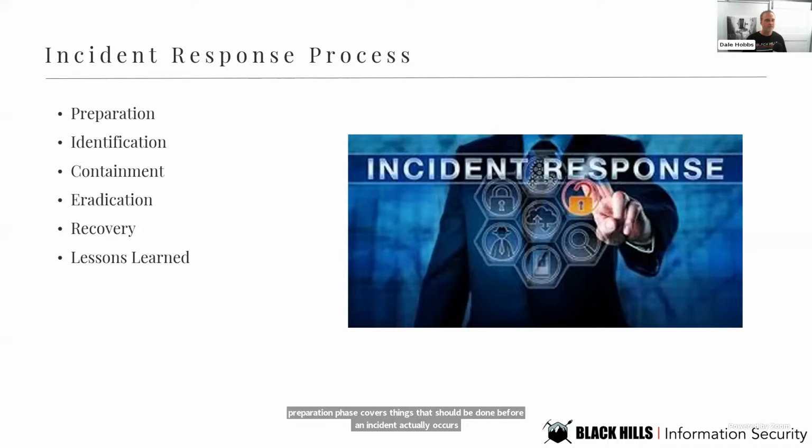So once you've identified, all the compromised systems then need to be contained. And then in the eradication phase, we aim to undo whatever damage the attacker had done. The steps that you take then to get back up and running to a business as usual state is the recovery phase. And then finally, the lessons learned phase, which is the post-mortem, where typically your report is finalized and presented.